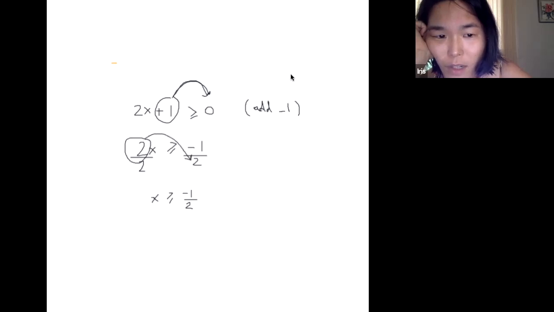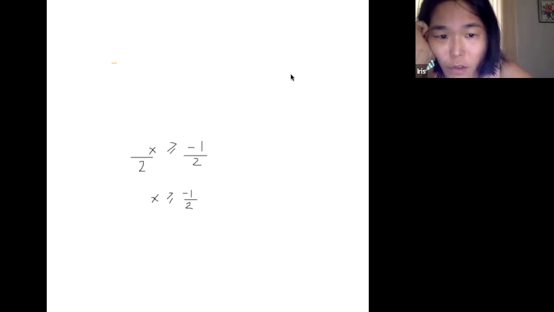Basically, he's dividing everyone by 2 and then canceling this out. But if you are afraid that you might mess it up or forget some step, then just do it one by one slowly. Make sure that every move you make is equivalent. It's okay. Like a legal move, right? You want to make sure. Yeah, is that okay?